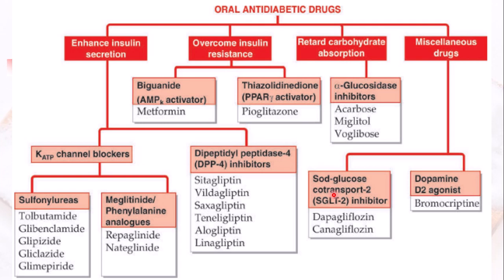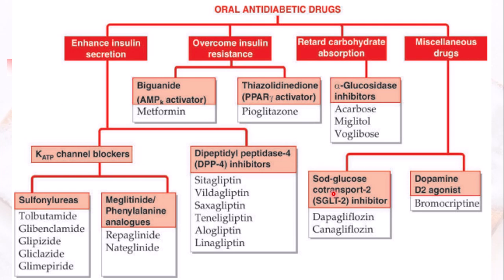So they result in reduced reabsorption of filtered glucose from the tubular lumen and lower the renal threshold for glucose. Remember, in the renal tubule, the glucose that is filtered via the glomerulus and the Bowman's capsule, they say 100% of that glucose is taken back into our body in the proximal tubule.